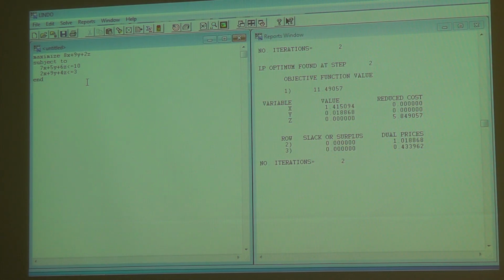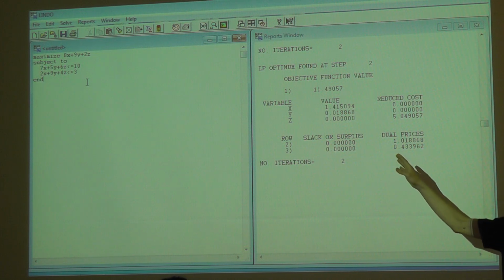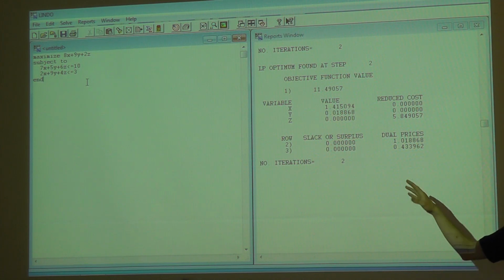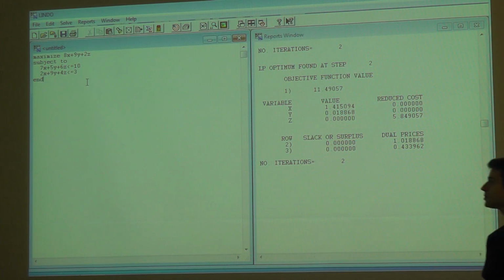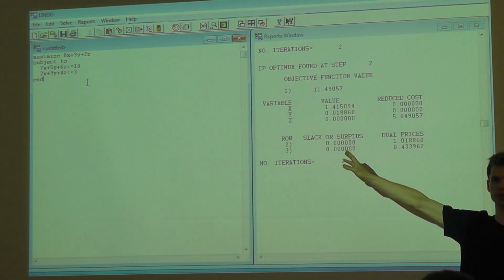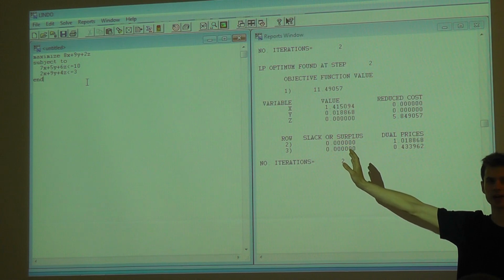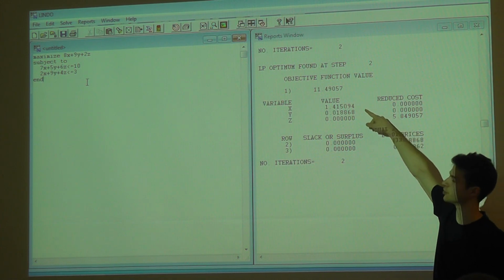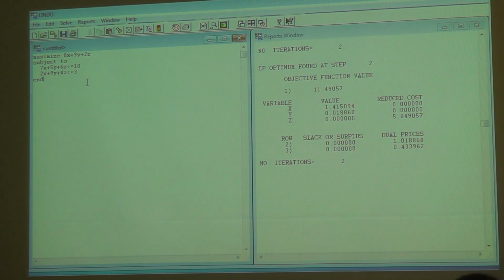So this is always implied. If you want to make some other assumptions, there is a way to do that, right? Some variable is free or some variable is greater or equal to something. But by default, this program assumes that all the variables are positive. So in this solution, you'll get only positive solutions.